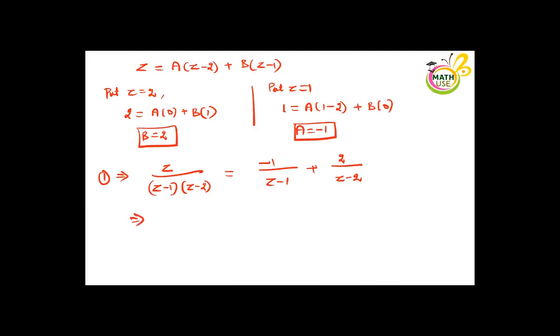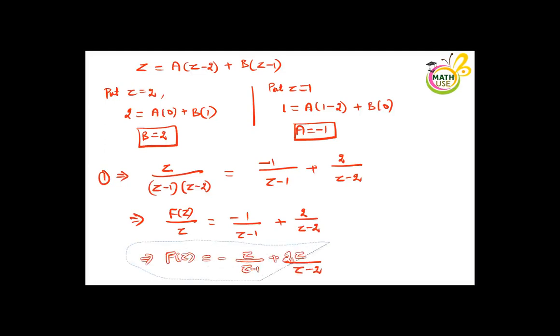So this is nothing but capital F of z divided by z, which is equal to minus 1 divided by z minus 1 plus 2 divided by z minus 2. Now taking the left hand side z to the right hand side, it comes as capital F of z is equal to minus of z by z minus 1 plus 2z divided by z minus 2.